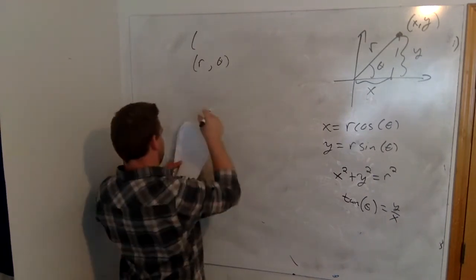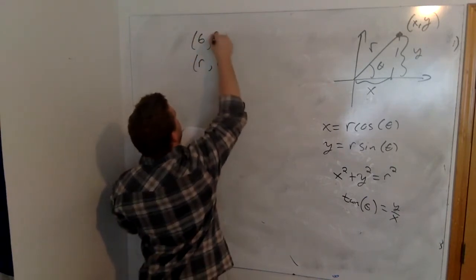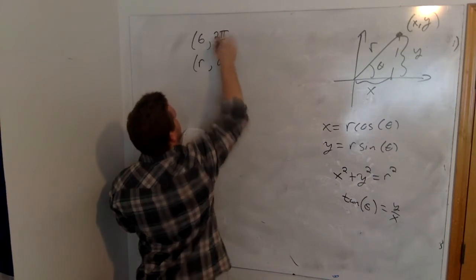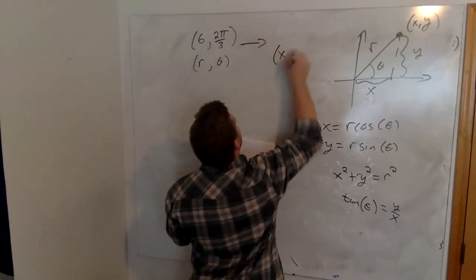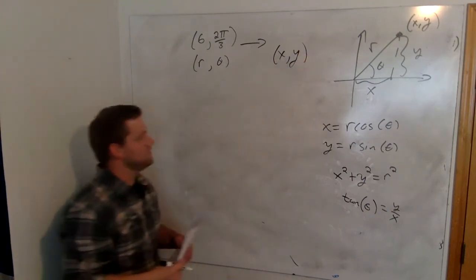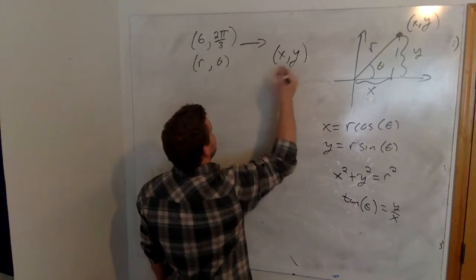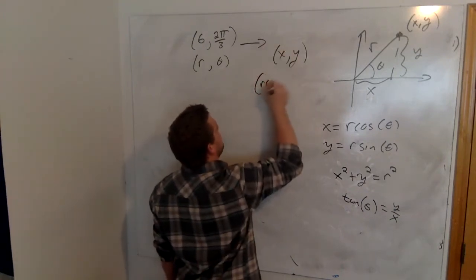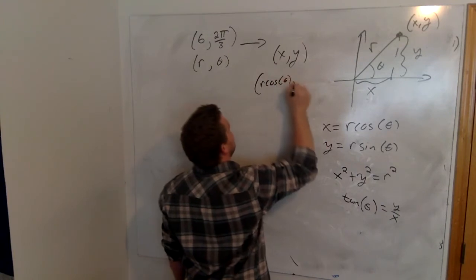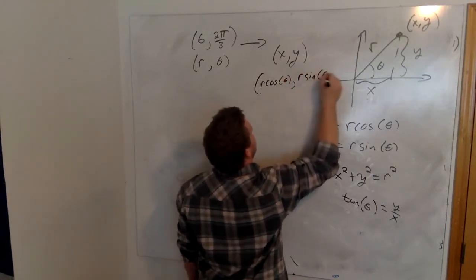So let's say in r and theta we have 6 and, how about, 2 pi over 3. Let's convert this into rectangular coordinates. It's really just as easy as knowing that x is r cosine of theta, and y is r sine of theta.